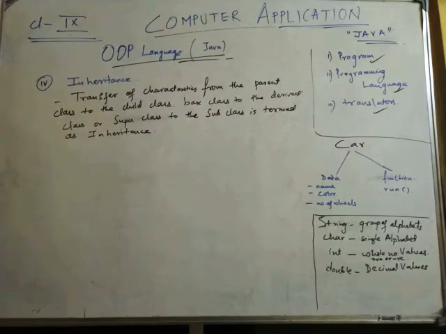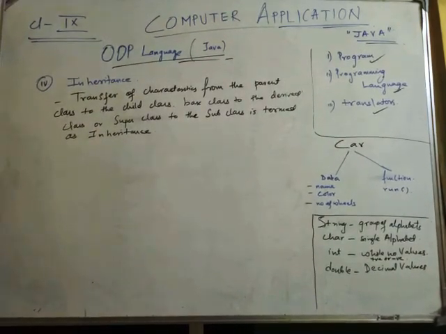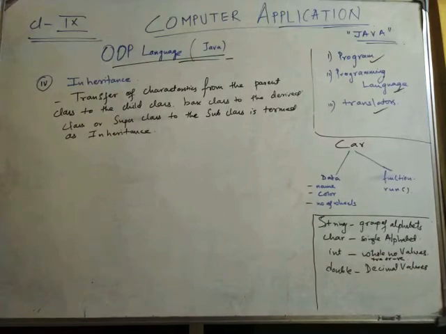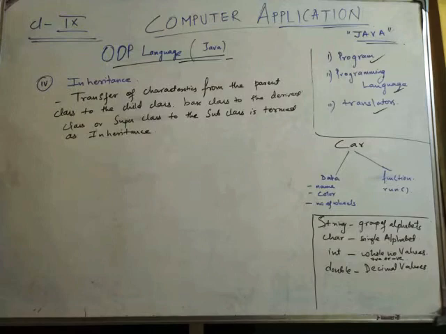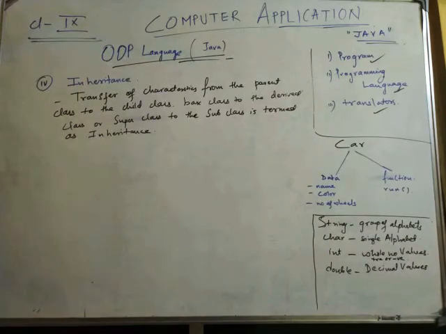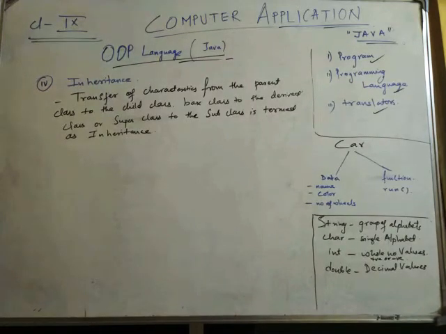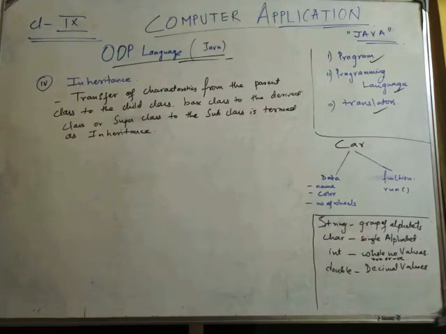Now see, this is simple, like what happens in the biological way, like your eyes are similar to your mom or your dad. This feature of transferring characteristics from your parent to the offspring is called inheritance. For a computer we can relate it: whatever features are there in the parent class can be accessed by the child class. Understood? That is the advantage we get in Java.